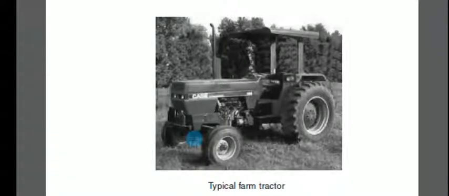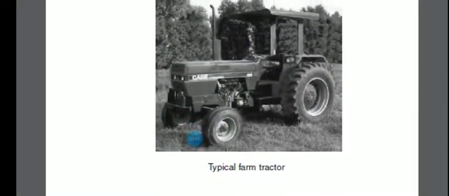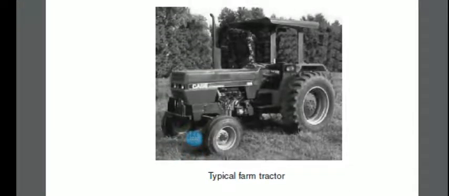You can see that the front wheel is smaller and the back wheel is larger. This is one advantage: in any hazardous environment, for example where the grass is very high and long, this type of tractor can go through because of the design, with larger back wheels and smaller front wheels.